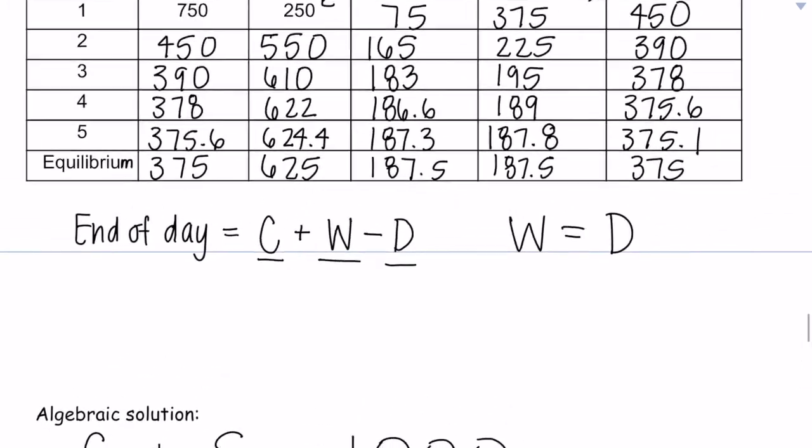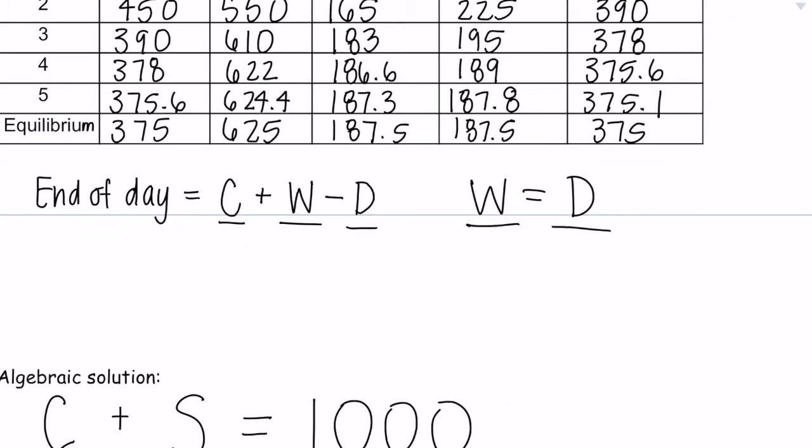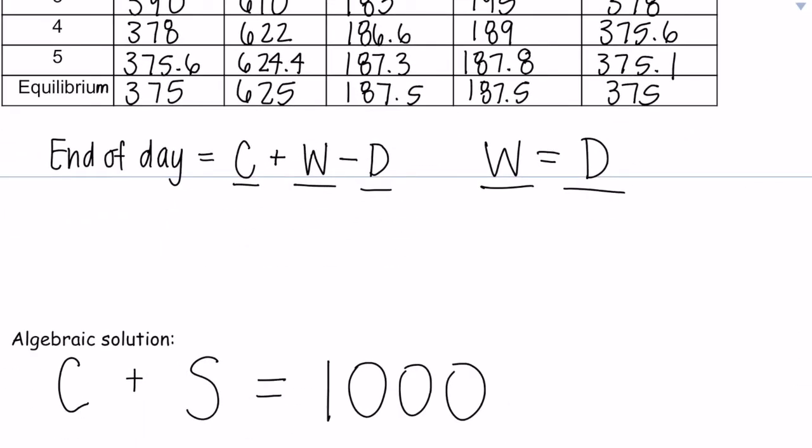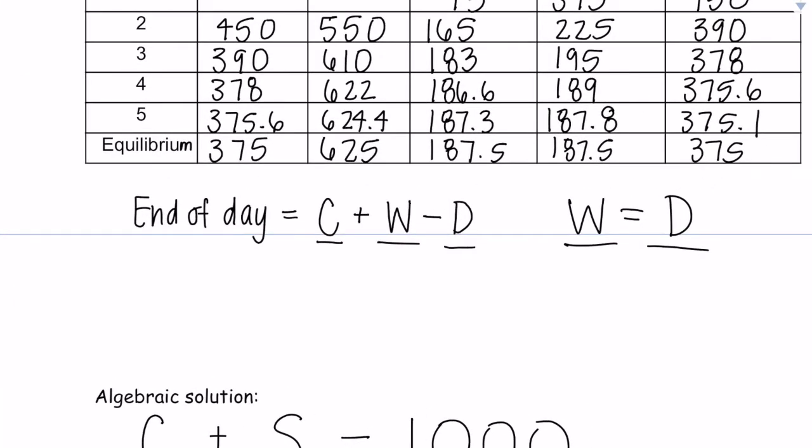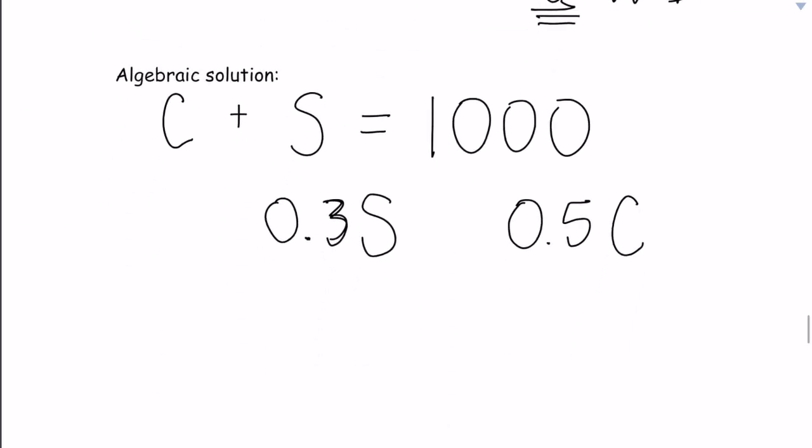When our rates are the same, weddings equals divorces, that means that if we subtract our divorces from weddings, that should equal 0. So 187.5 minus 187.5 is 0. That's when we get to equilibrium. At equilibrium, the amount of weddings minus the amount of divorces should always equal 0. That's true for any equilibrium. The rate forward and the rate back is the same.